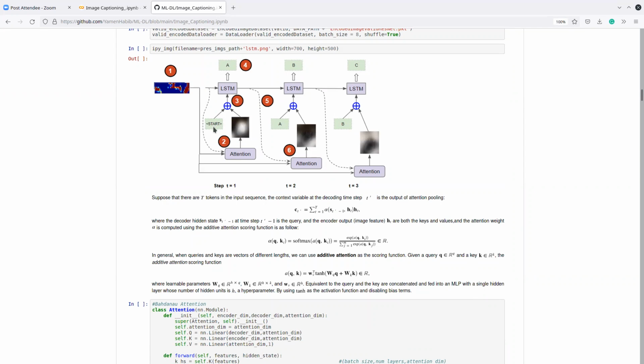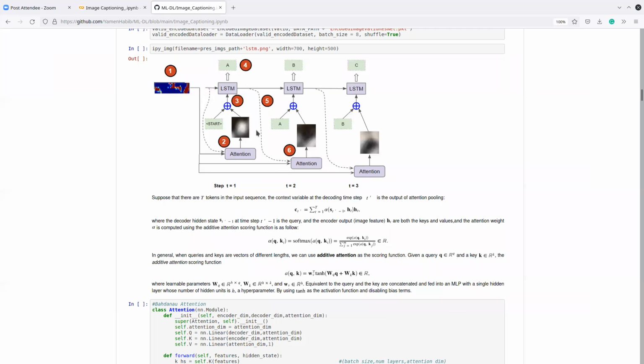Attention is this value, the weight that we should give to each feature vector of the image, to each part of the image. The attention is these values, the weights. After we get the weights, you select the area of interest.